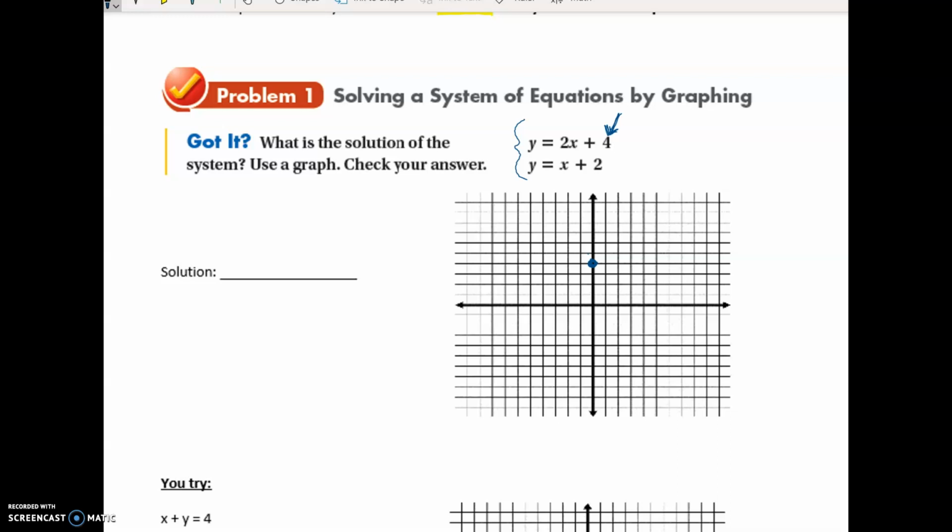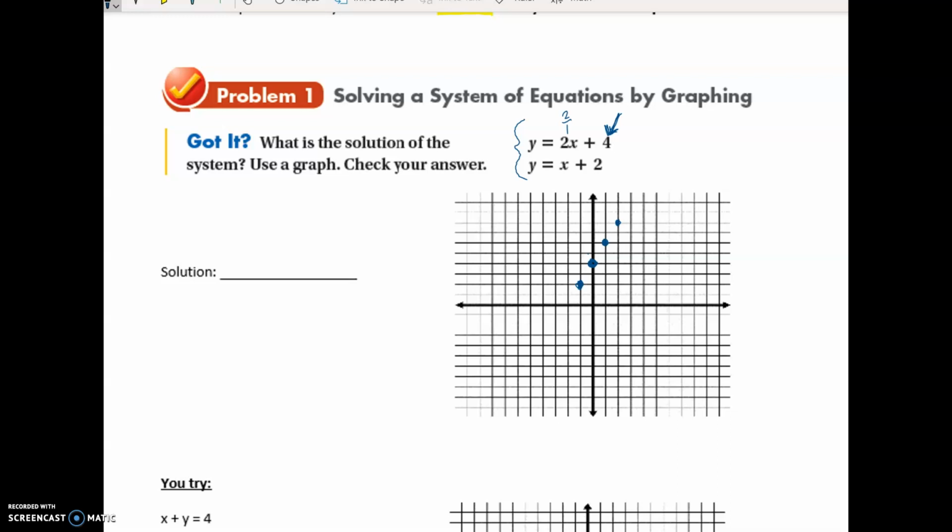And then from there, I know my slope is 2 over 1. Remember, that's my rise over my run. So from this point, we would go up 2, right 1, up 2, right 1, down 2, left 1. That would also work. Remember, you can do the exact opposite.